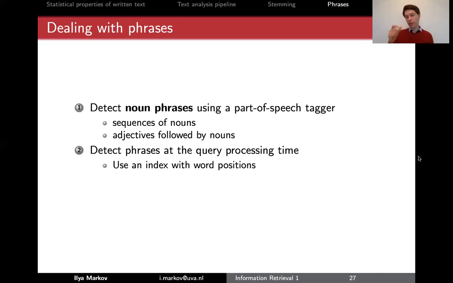But if you have a query United States, you may notice during the ranking phase that many documents actually have these words going one by one. And then you can realize, oh, look, that might be a phrase. Again, that's pretty heavy because you have to do it on the fly, but that's possible, and it has some support from indexing, and we'll discuss indexing in the next set of videos.